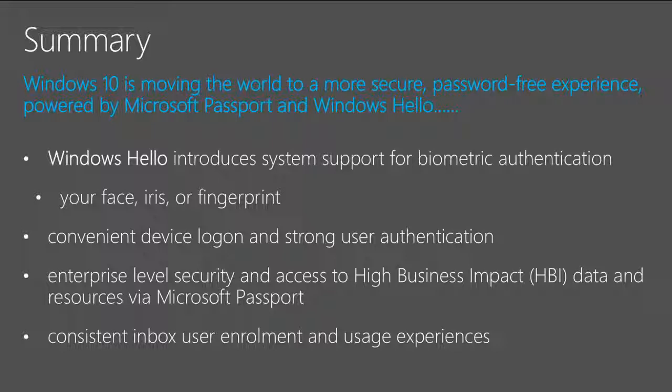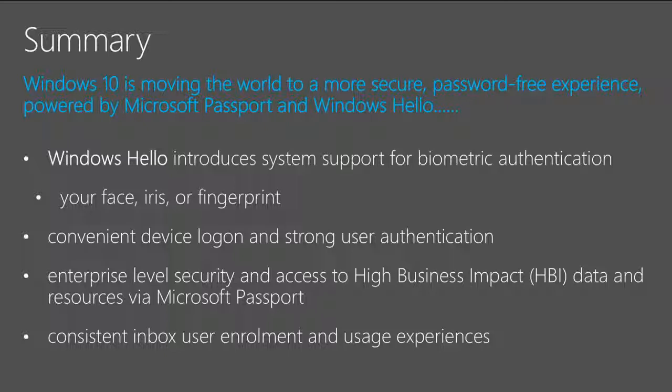So to summarize what we talked about today, the most important goal for me is that you understand what Microsoft Passport does and what Windows Hello does, and how they are both connected, part of the same coin. Windows Hello is all about biometric authentication, and it's about face, iris, and fingerprint.